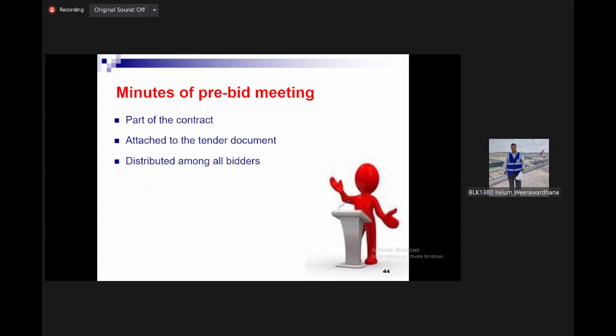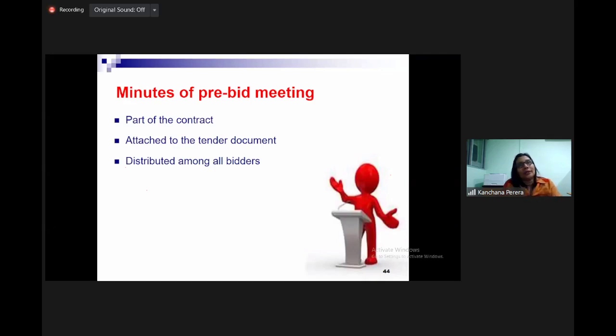Now they have earlier collected the drawings, specification, everything. If they have any unclear area, they can ask before bidding. Yeah. What we do is, in construction contracts, we issue tender documents or bid documents.